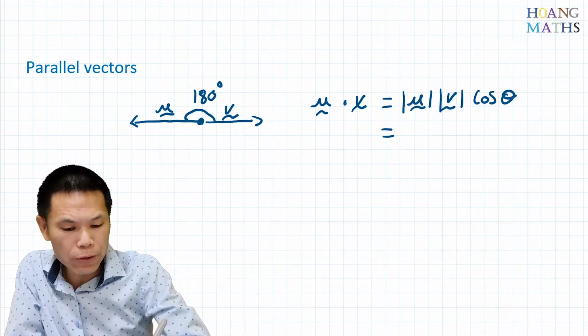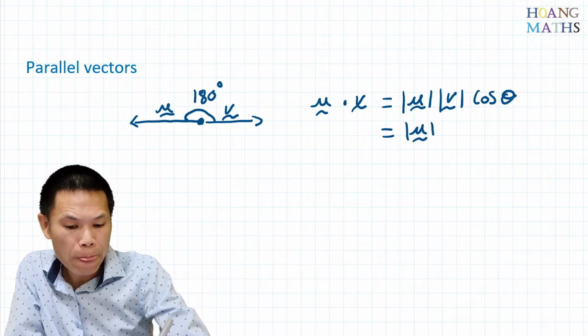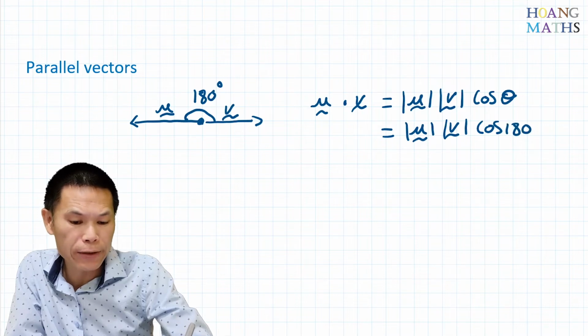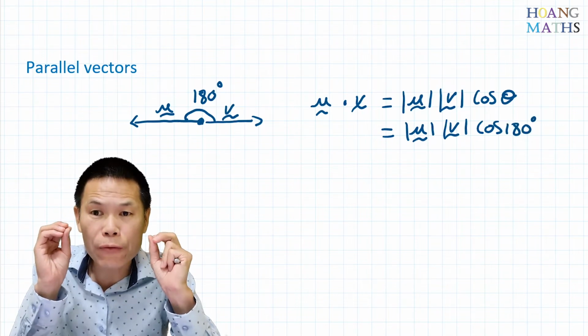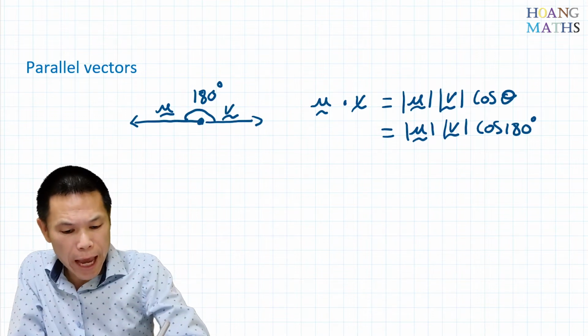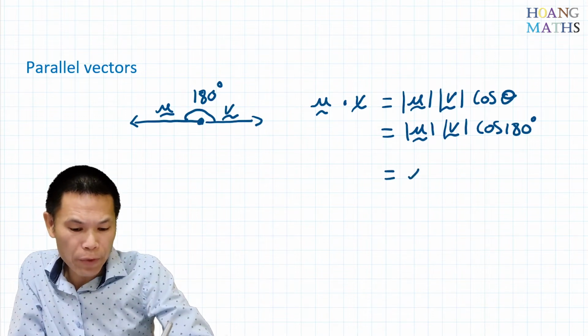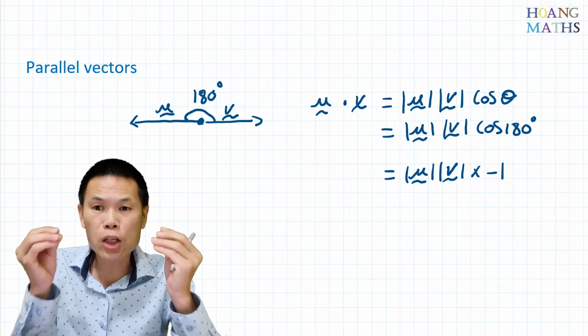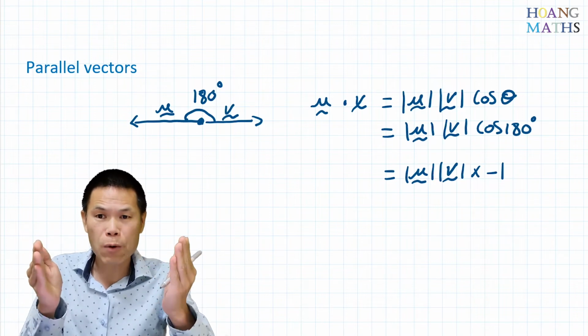So that is equal to the magnitude of u times the magnitude of v and cos of the angle in between, that is 180 degrees. So we know that cos of 180 degrees is equal to negative 1. So this means that, let me just write this down, magnitude of u times magnitude of v times negative 1, because cos of 180 degrees is negative 1.